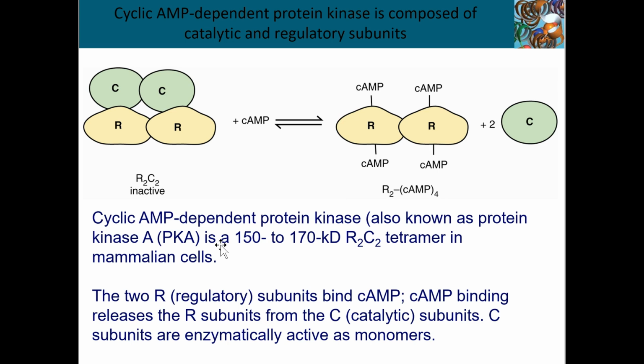Cyclic AMP is a signaling compound derived from cleaving common nucleotides and forming a non-energetic cyclic AMP compound, which acts as a secondary messenger or signaling molecule.